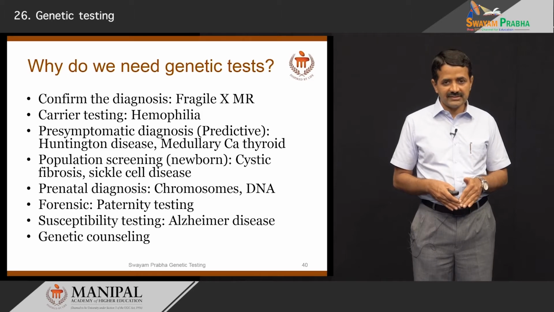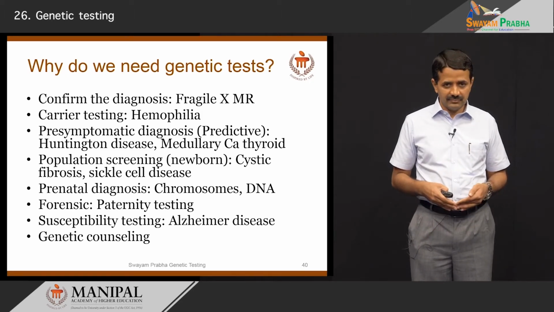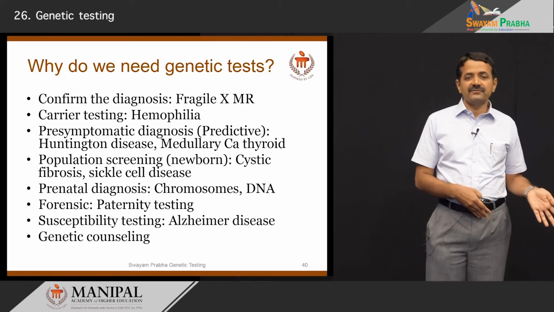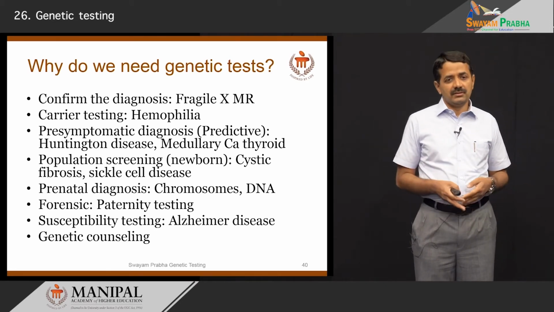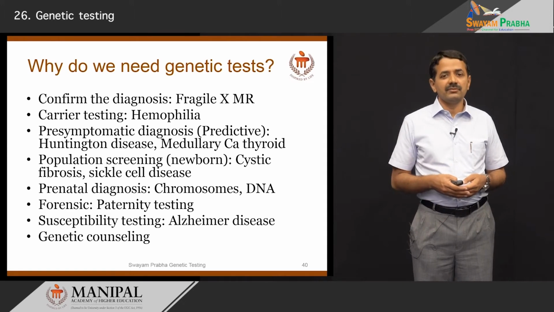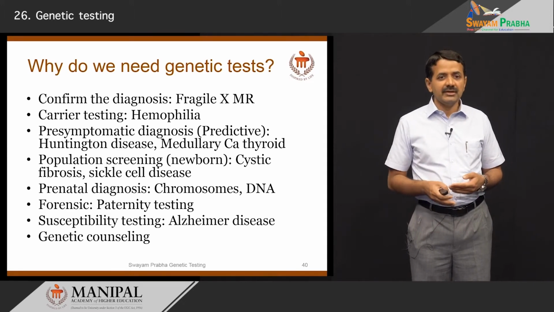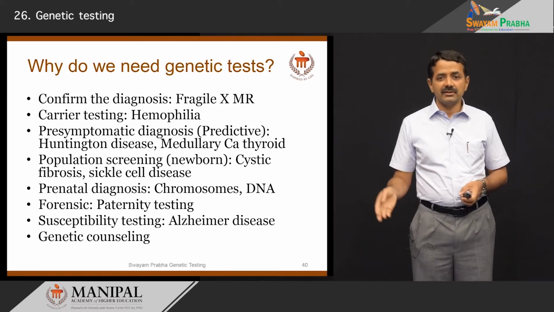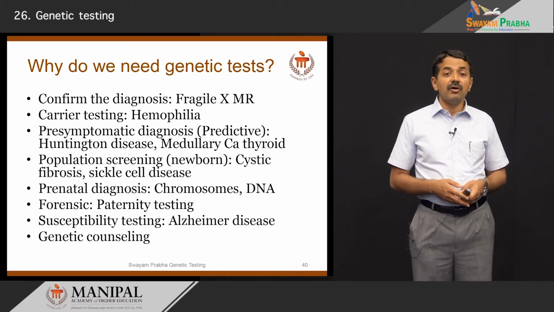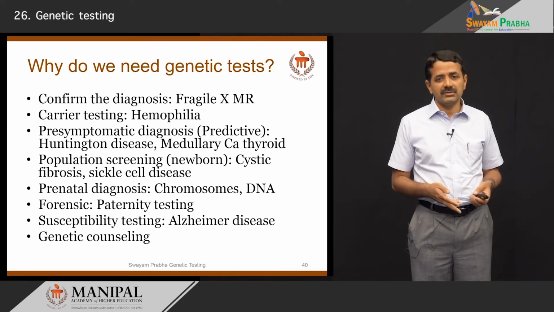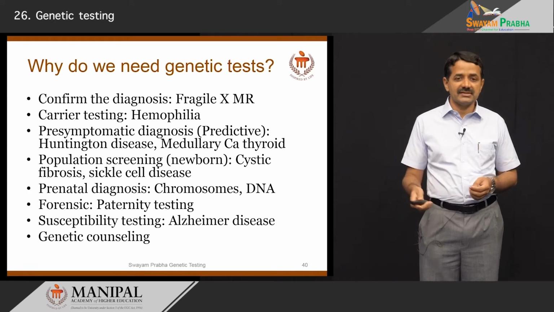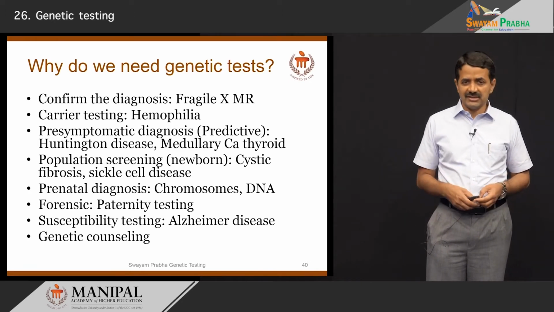If I can summarize the clinical utility of a genetic test, sometimes it is very difficult to clinically say who has Fragile X syndrome. That is where clinically we can confirm the diagnosis. We can do carrier testing for hemophilia A or B, if there is a family member who wants to plan their family. It may be pre-symptomatic testing or predictive testing for Huntington disease, medullary carcinoma of thyroid, or population screening, maybe newborns or couples who want to plan pregnancy for cystic fibrosis, sickle cell disease, or in our country even thalassemia.